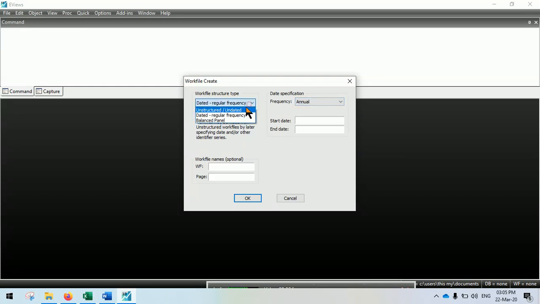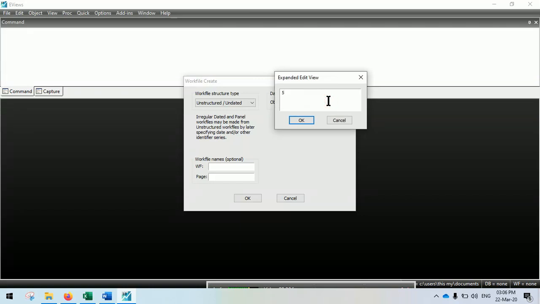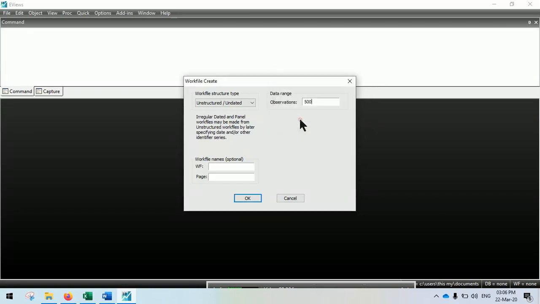And the last is a combination of the two, a balanced panel, where we have cross-section and time series. So we combine both of them. In our case, I'm going to choose undated. I have 500 observations. I put OK.